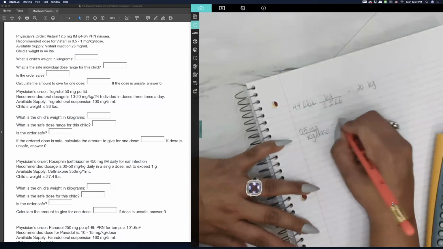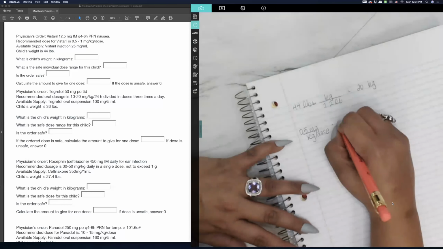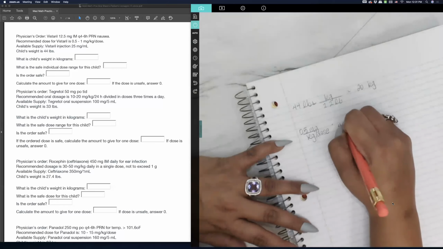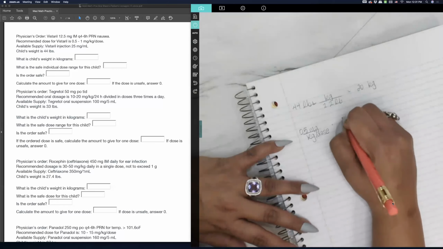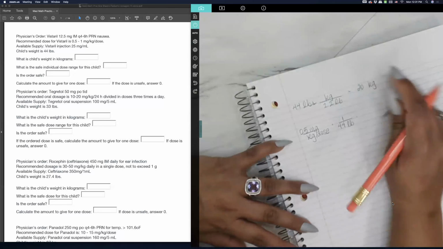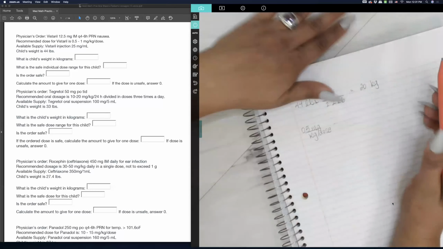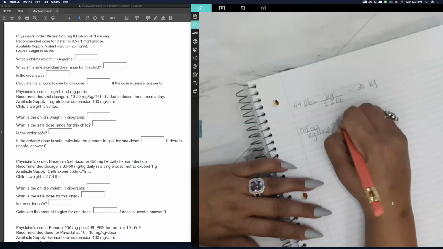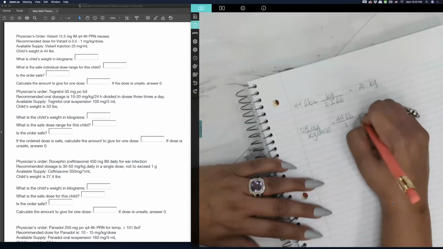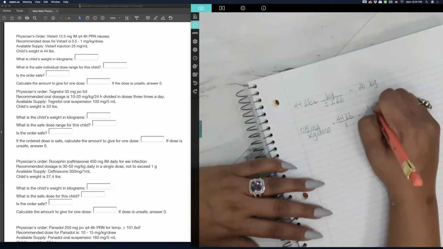Okay, and we're going to work everything out together. So we're going to put the 44 pounds over 1 divided by 2.2 pounds per kilogram.